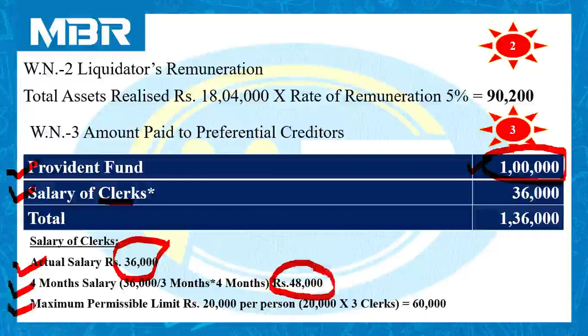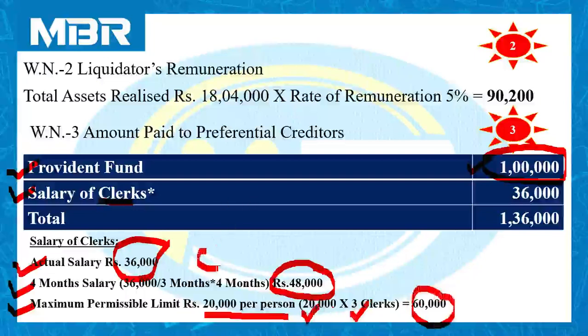And as per rule, the maximum permissible limit is rupees 20,000 per person. In our case, this salary is outstanding for 3 clerks. So 20,000 rupees per person multiplied by 3 clerks is equal to 60,000.